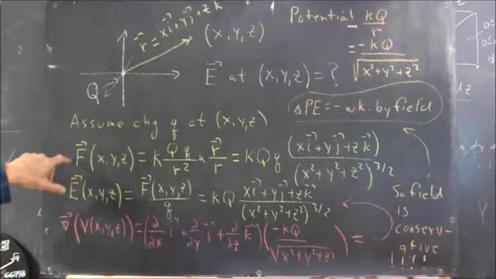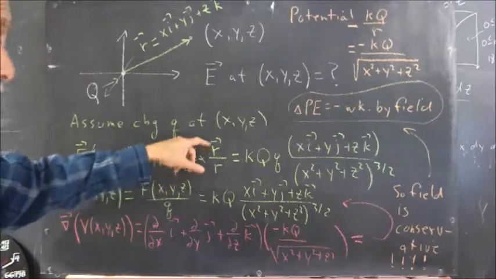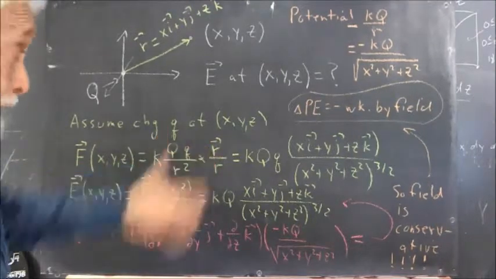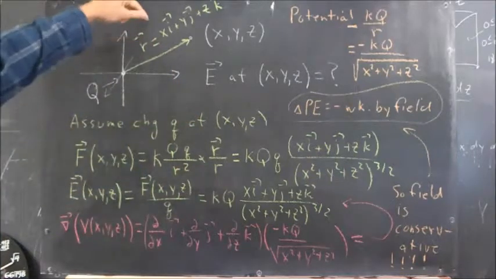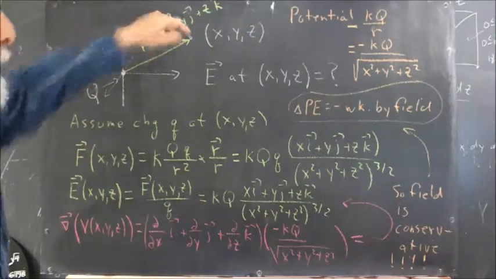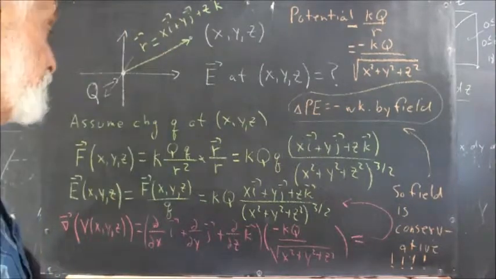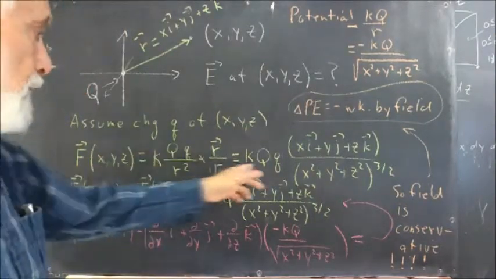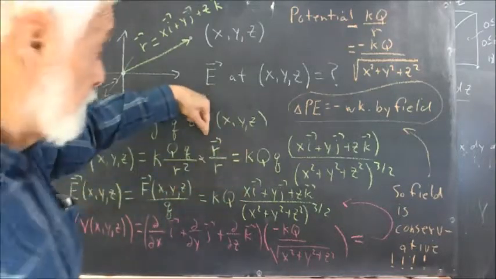The force is K times big Q little q over r squared times the r vector divided by r. There's our Coulomb's law. And what's the r vector? Well, the r vector from the origin out to the point x, y, z is xi plus yj plus zk. So when we do this calculation, here's our r vector.